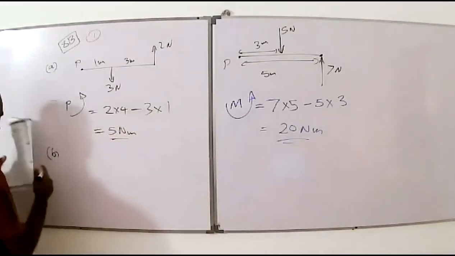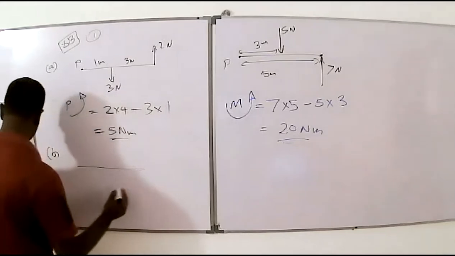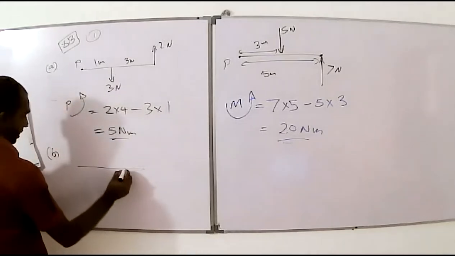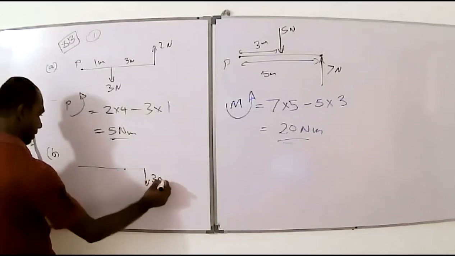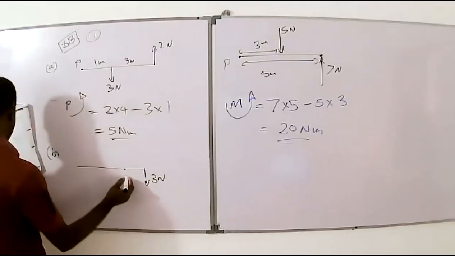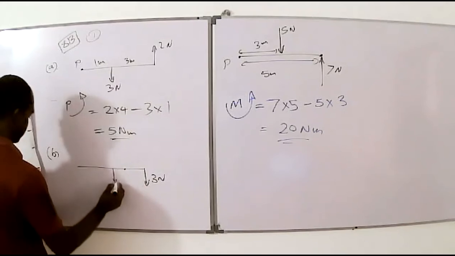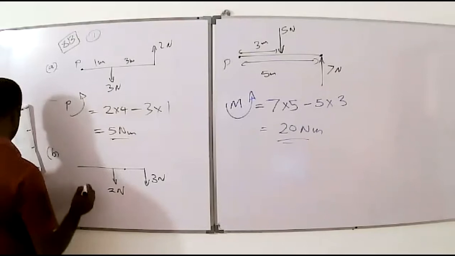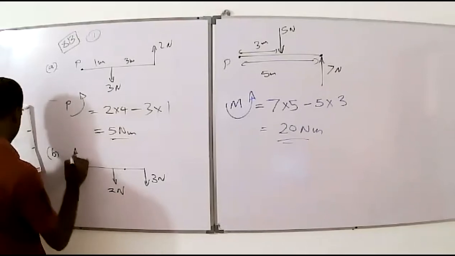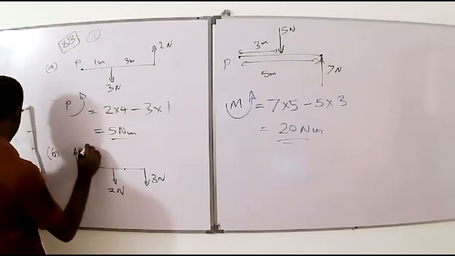Part B. There are so many things. So P is here. 3 newtons down here, and 2 newtons from here, and 4 newtons from here.